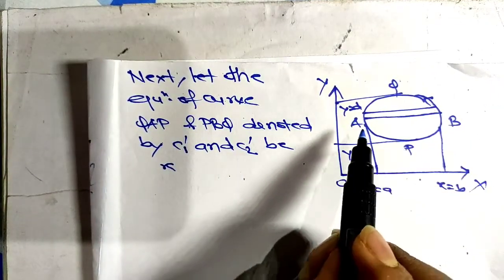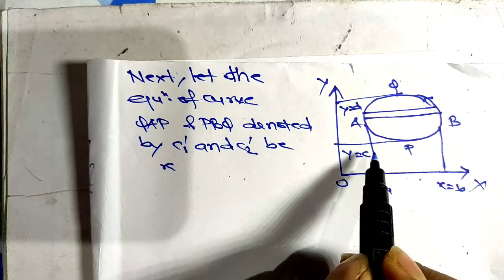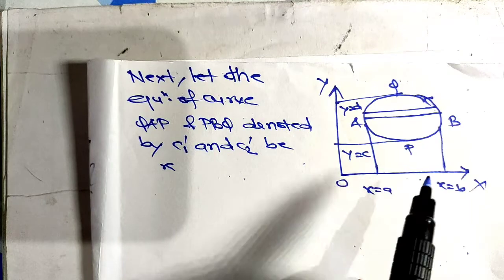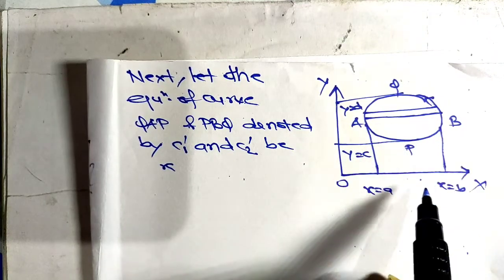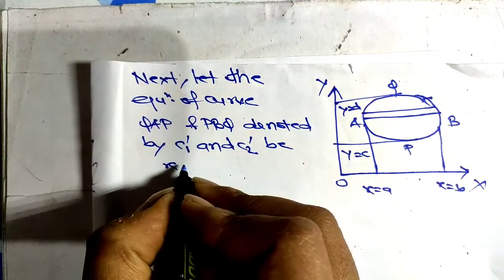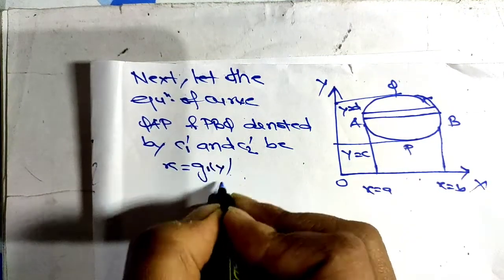Earlier we took the stripes parallel to the y-axis and the equation of the curve was in terms of x. This time we are taking the stripe parallel to the x-axis, so the equation of the curve will be in terms of y. So x equals g1(y).